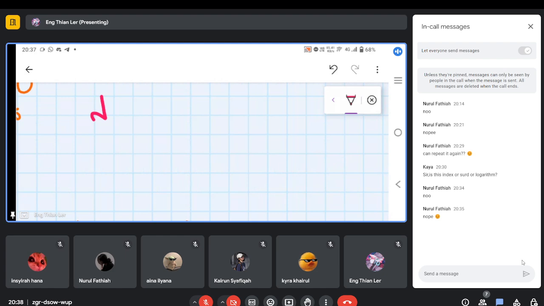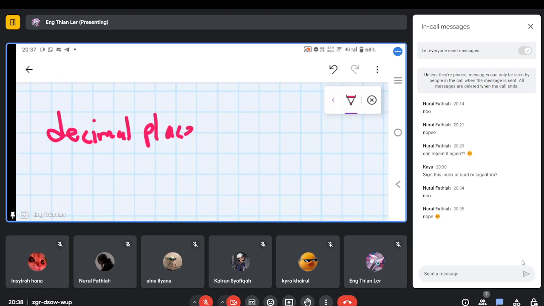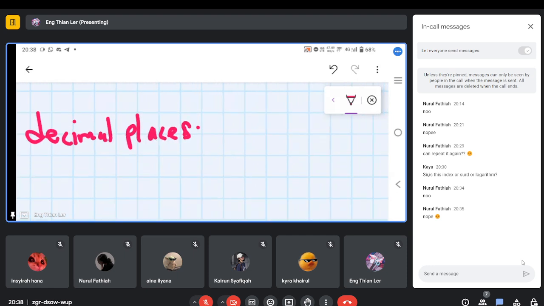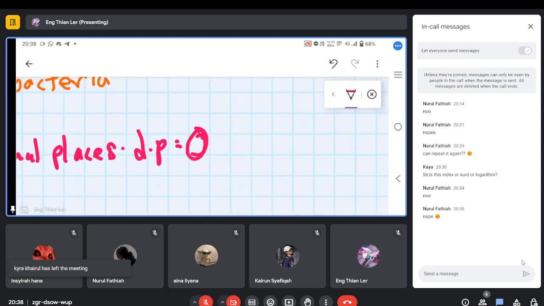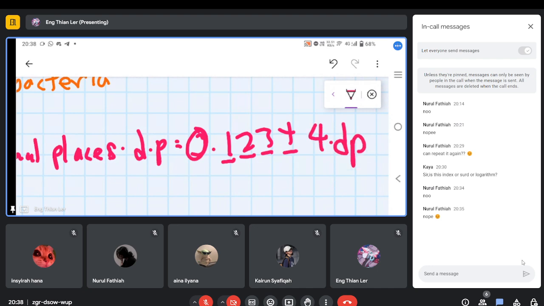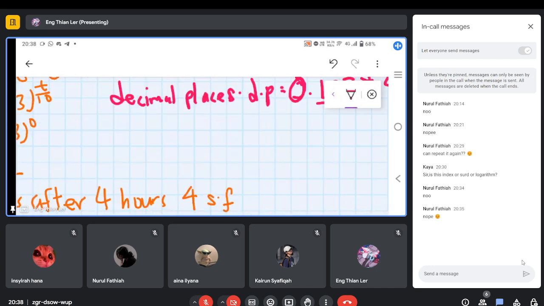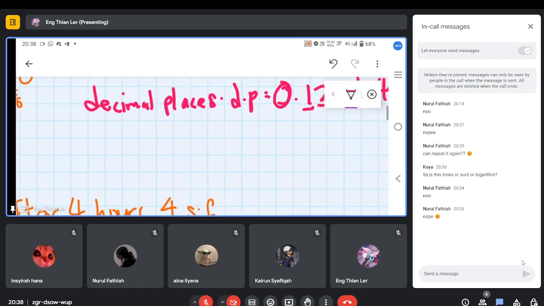Decimal places, or DP, is the number of digits after the decimal point. So for 0.1234, the digits 1 2 3 4 make 4 dp. And significant figures start from the first nonzero number.